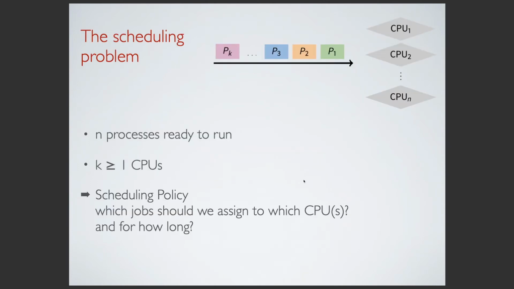Scheduling is an old problem. It's not only for microprocessors, but for anything where you have jobs or tasks, and you have workers, and you want all these tasks to be taken care of by workers. So what are my tasks here? My processes. And what are the workers? The CPUs. The idea is, which job should I assign to which CPU, and for how long?